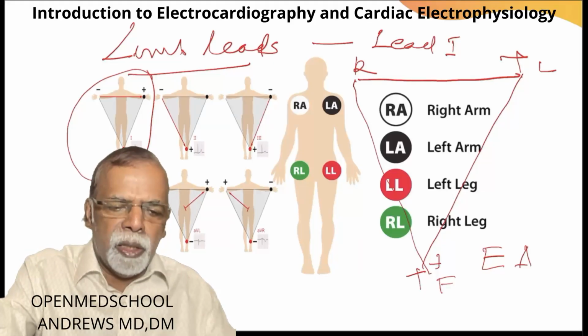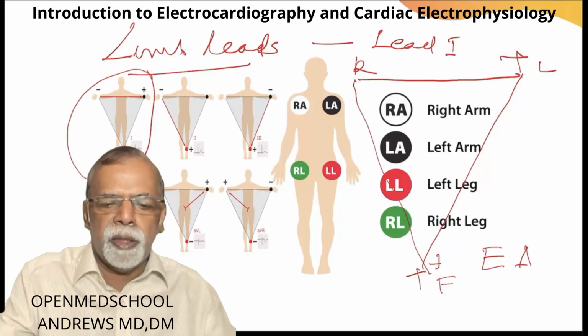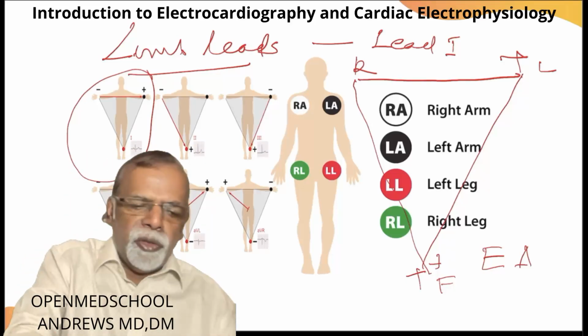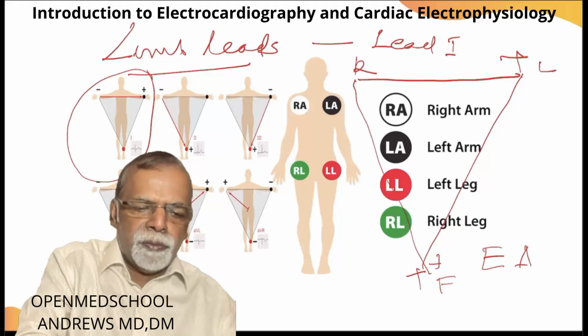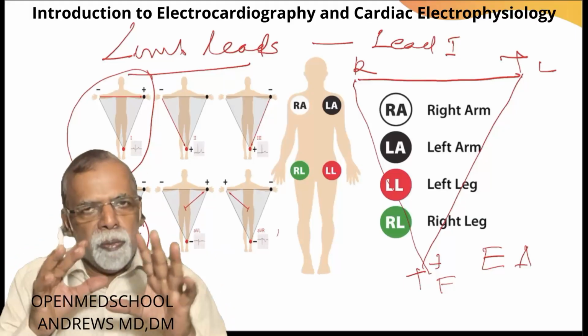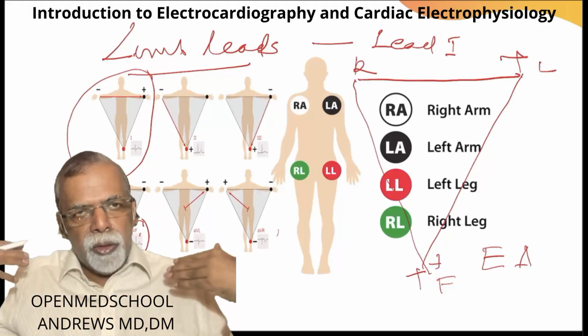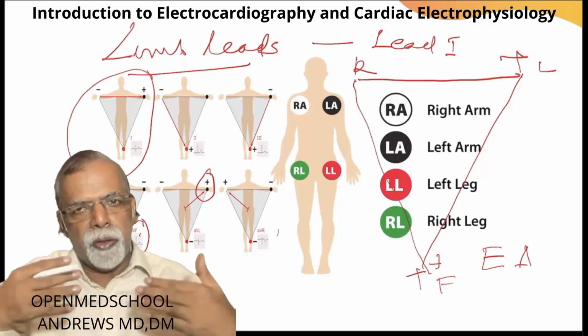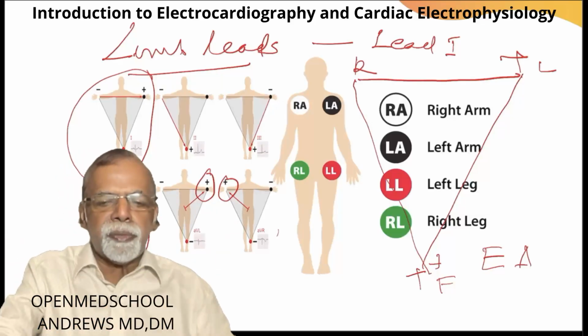Recording electrode on the left side is called AVL. On the right side, it is AVR. So we have got AVF, AVL and AVR. Hope it is clear there. So remember, these are leads that are looking into the heart from the front. They are looking in the frontal plane.